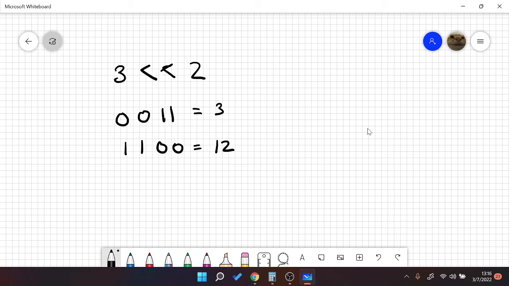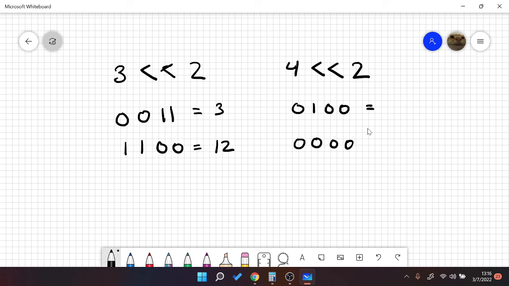Let's do another practice problem. So let's do something like 4 shift left 2. So we have the number 4, and we want to shift left twice. But when we shift left twice, we're left with 0. All zeros.